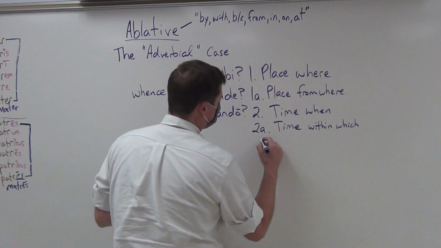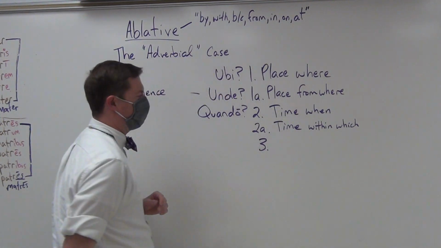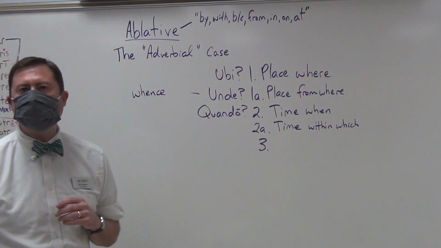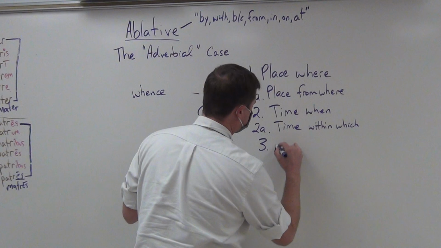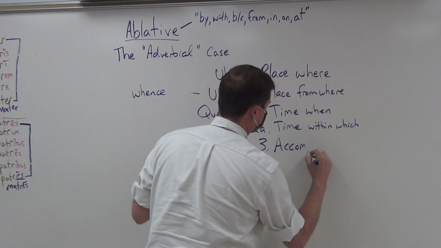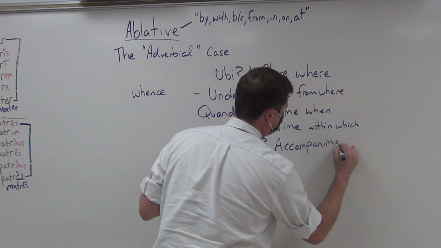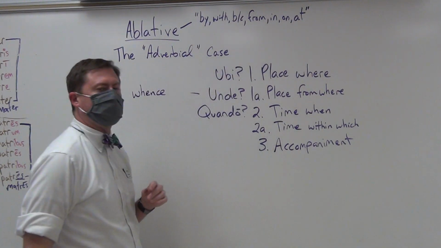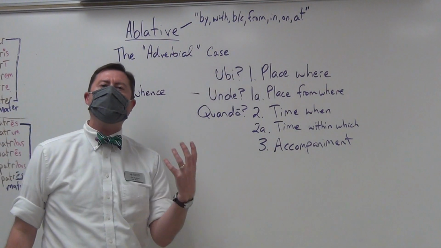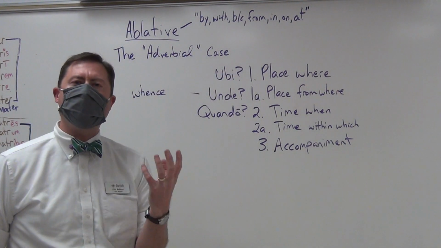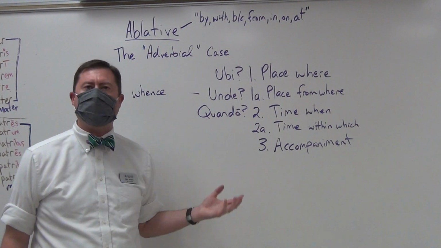The third usage of the ablative is going to be what we call the ablative of accompaniment. This is a word in the ablative that tells you with whom or with what the subject commits an action.